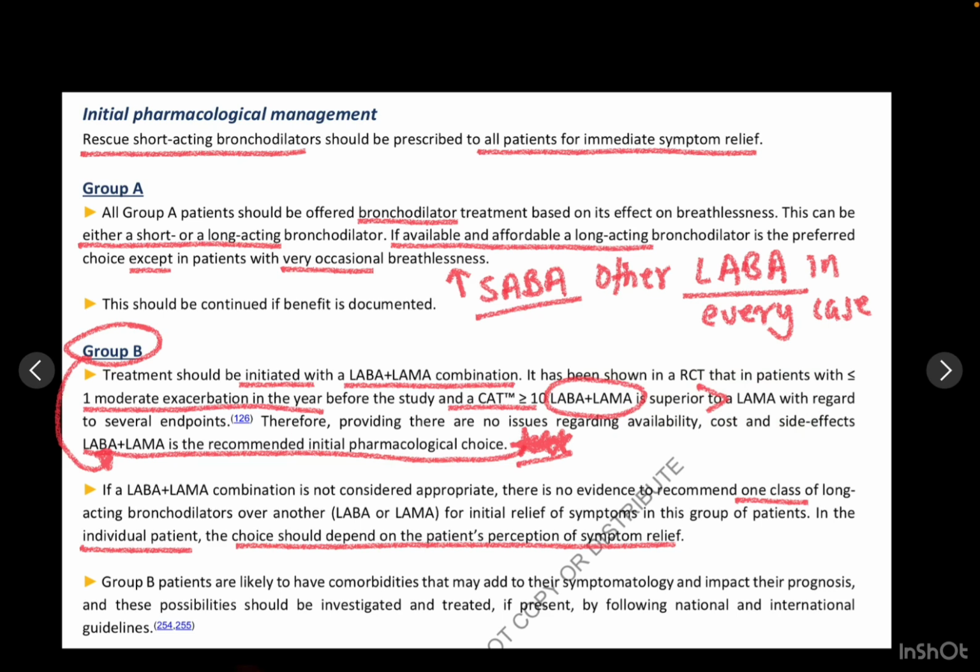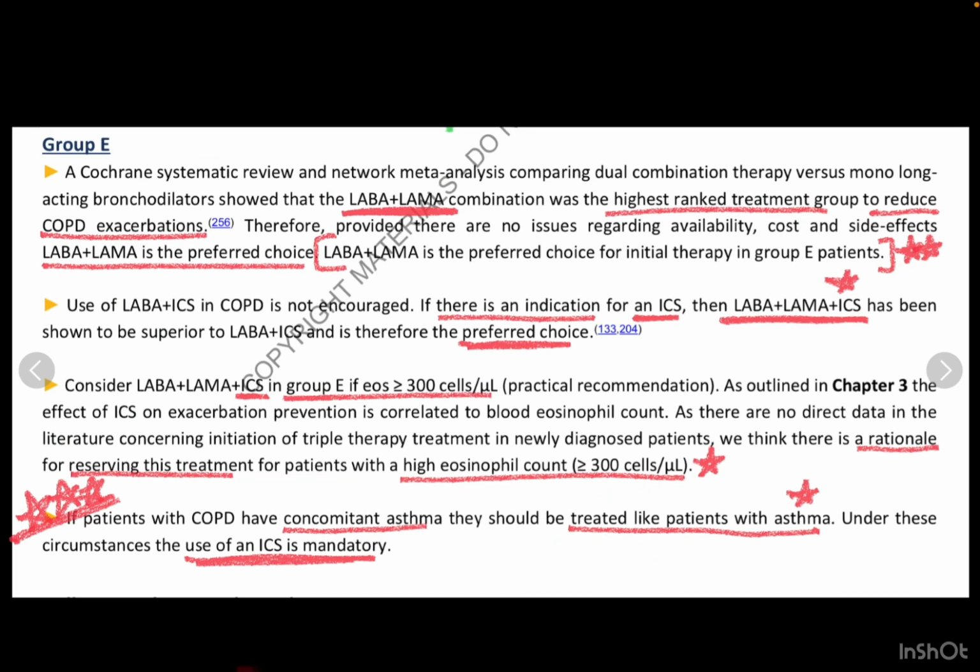Therefore, provided there are no issues regarding availability, cost, or side effects, LABA and LAMA is the recommended initial pharmacological choice of treatment in group B. If LABA and LAMA combination is not considered appropriate, there is no evidence to recommend one class of long-acting bronchodilator over the other for initial relief of symptoms in this group of patients. In the individual patient, the choice could depend on the patient's perception of symptom relief.